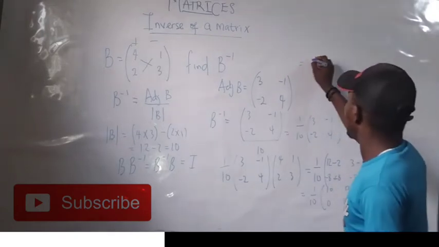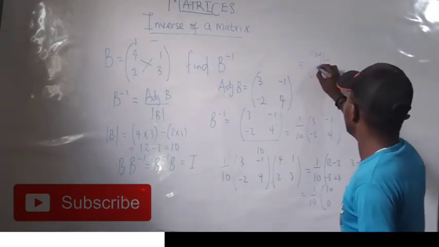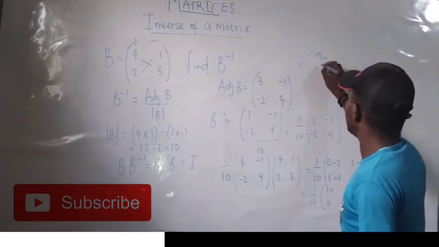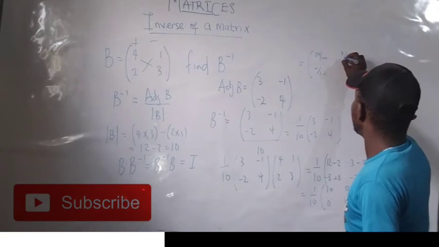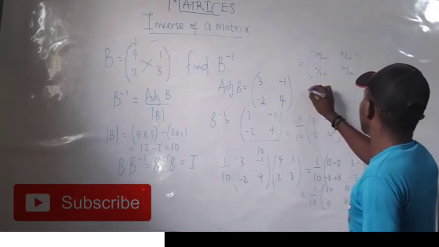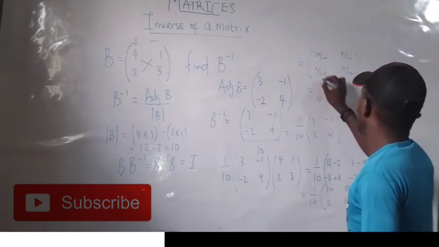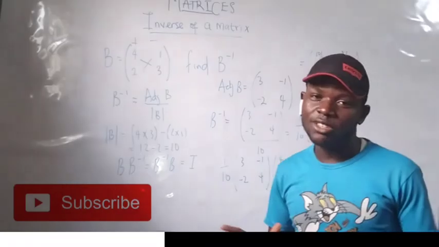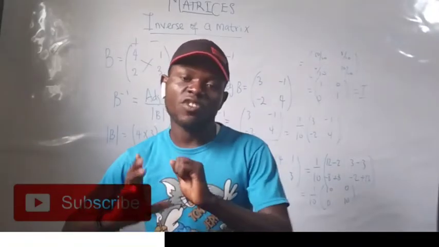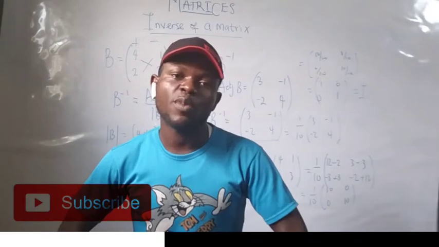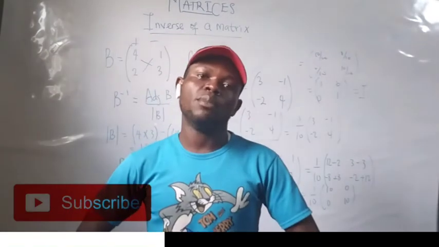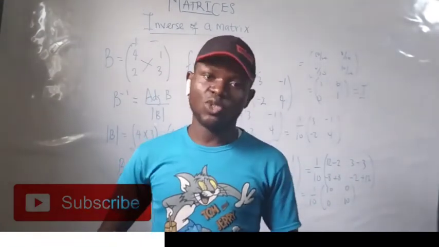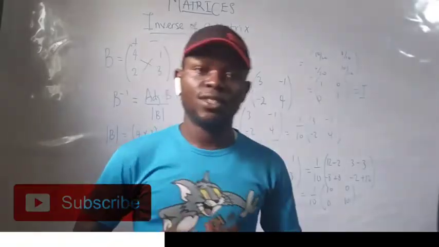So at the very end, what do I have? I have 10 over 10, 0 over 10, 0 over 10, 10 over 10. Hence, it becomes 1, 0, 0, 1, and it's giving me a unity matrix. So it's proven that when you multiply a matrix with its inverse, or the inverse with the matrix, it gives you an identity matrix.